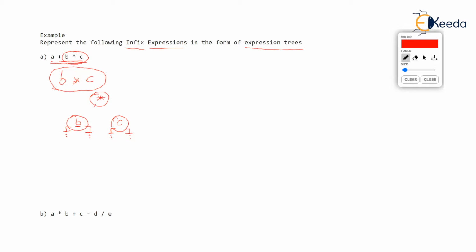Now, the left pointer of multiply will point to B and right pointer of multiply will point to C. Now, observe so carefully before you come to a conclusion. Left pointer of multiply will point to B, not C, because in the infix, B is to the left of multiply. Right pointer of multiply will point to C, because C is on the right of multiply.